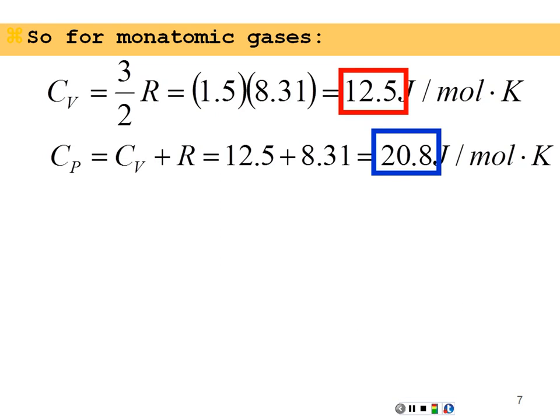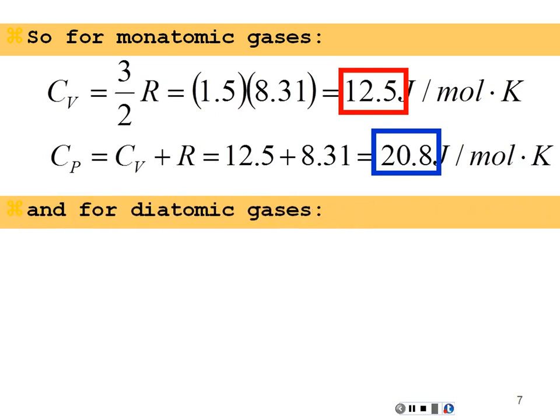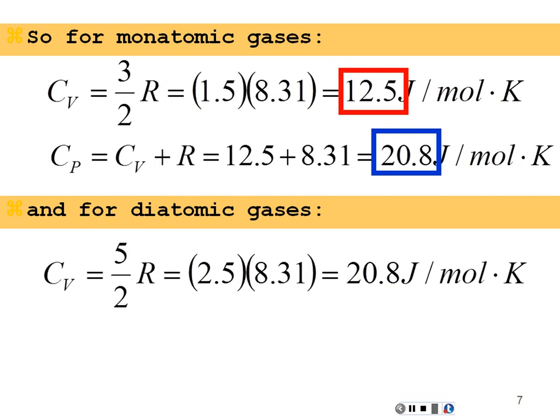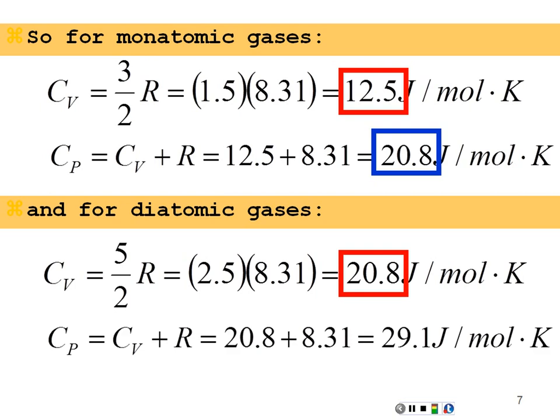That's for monatomic gases. For diatomic gases, the molar specific heat at constant volume is 5/2 R at room temperature. That's going to be 2.5 times 8.31, 20.8 joules per mole per Kelvin. And the molar specific heat at constant pressure will be R plus this, which will give us 29.1 joules per mole per Kelvin.